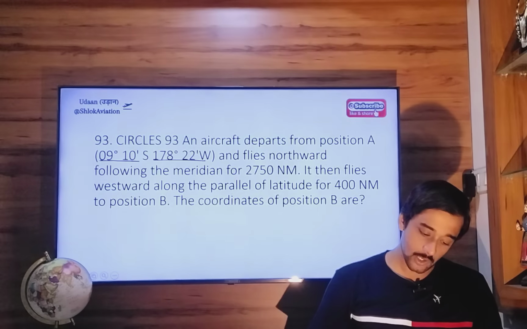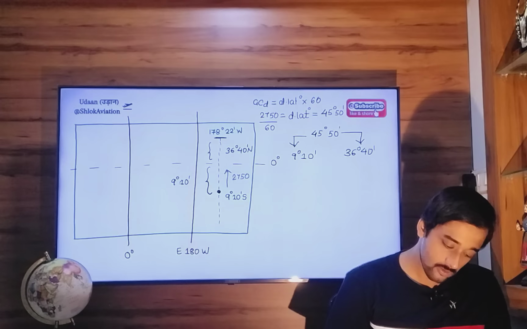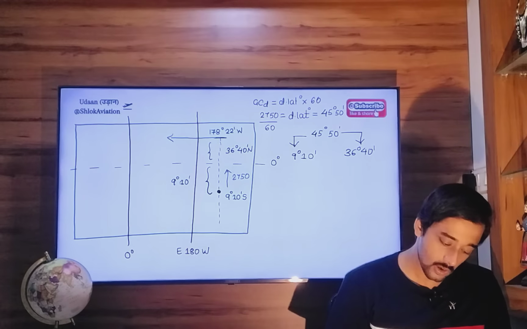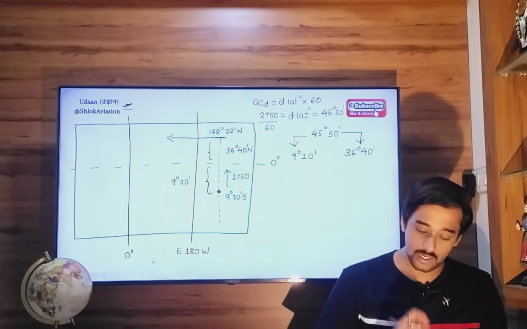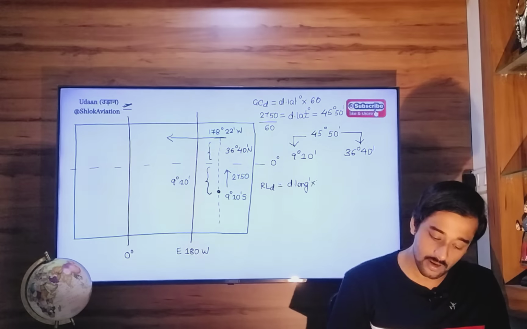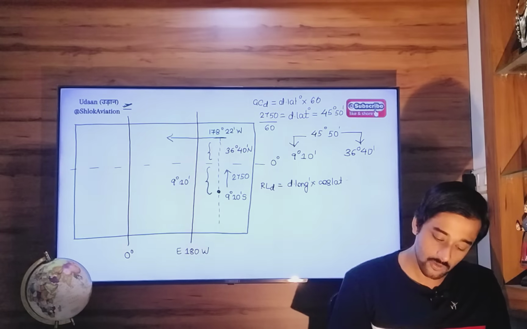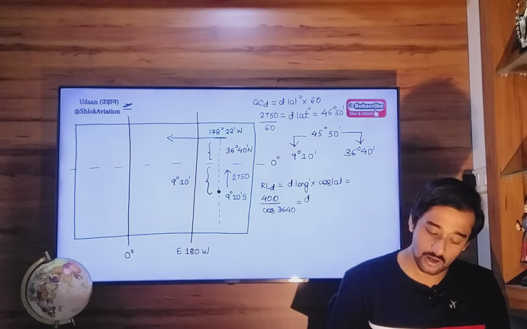Now from this latitude you are traveling westwards for 400 nautical miles. When you travel along a particular latitude, you are actually traveling the departure distance: departure = D long in minutes times cos of latitude. So 400 divided by cos of 36 degrees 40 minutes equals D long in minutes.